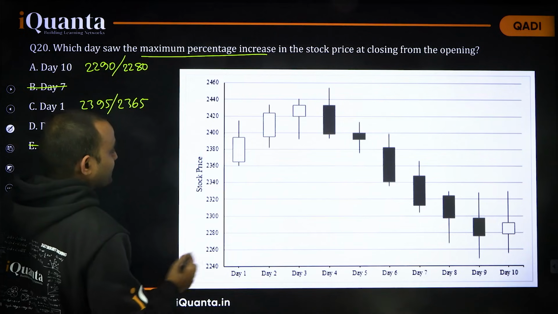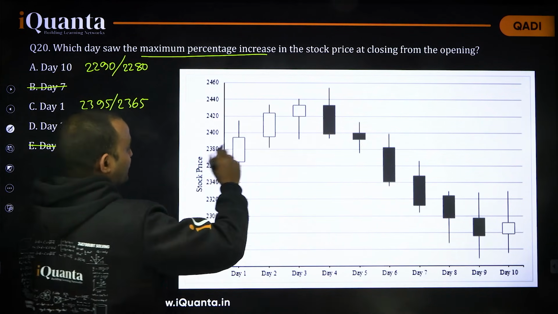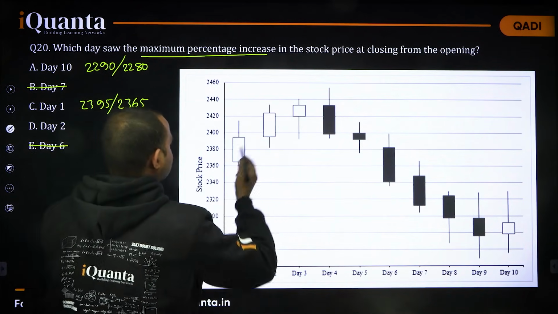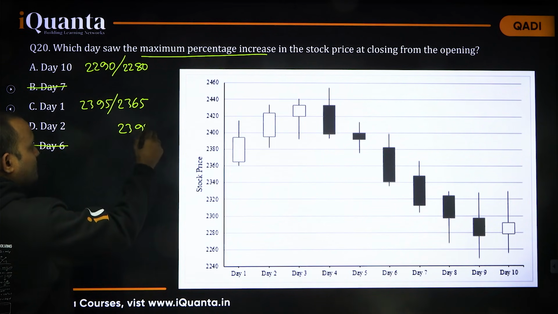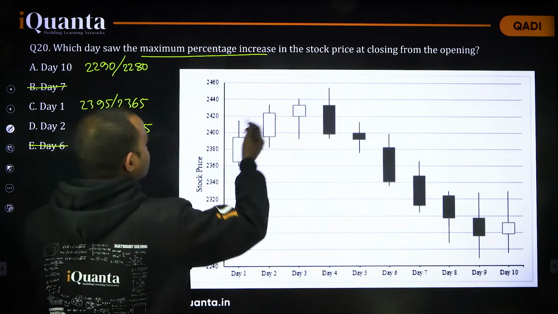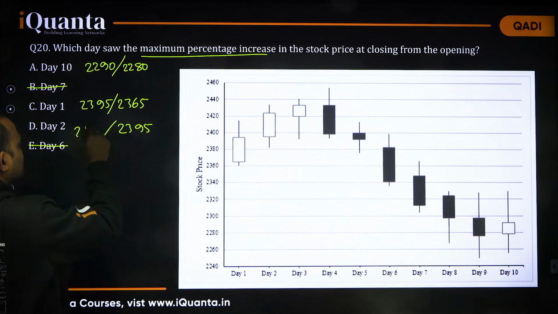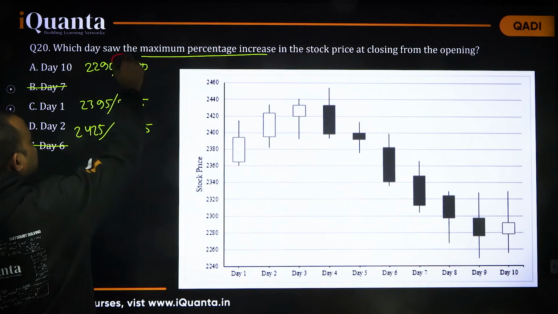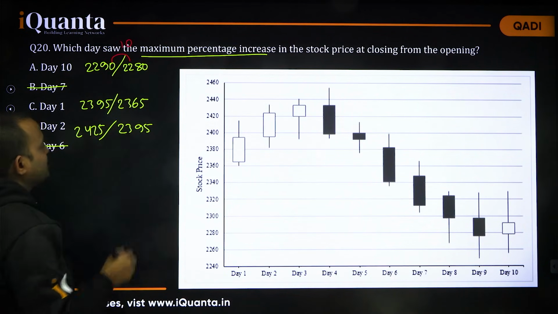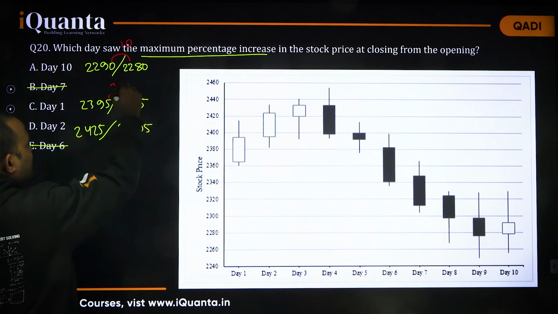And in case of day 2, we can see the opening price is 2395, and the closing price is 2425. So what's the increase in these cases? The increase is 10, but the base is 2280. The increase is 30, the base is 2365.